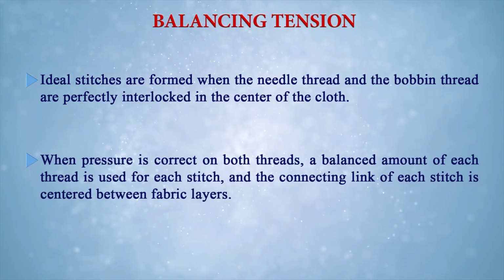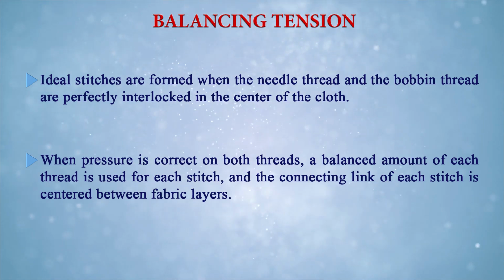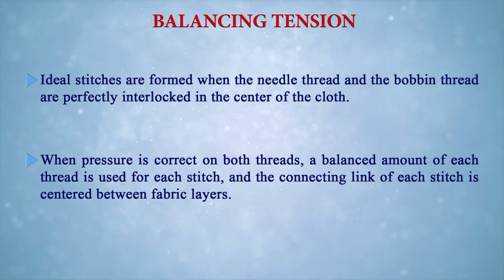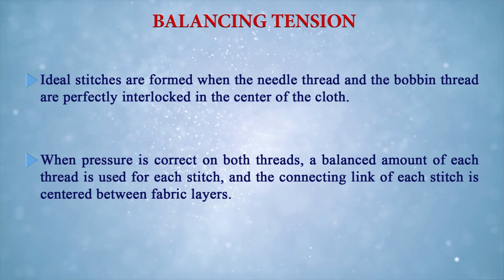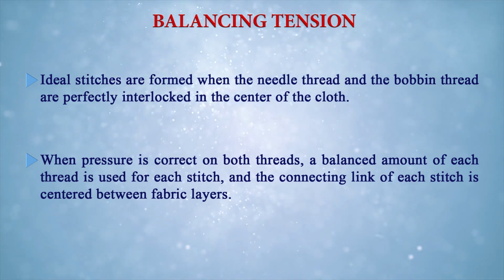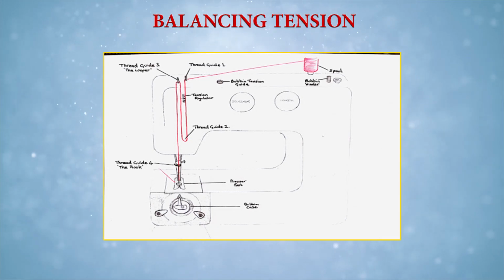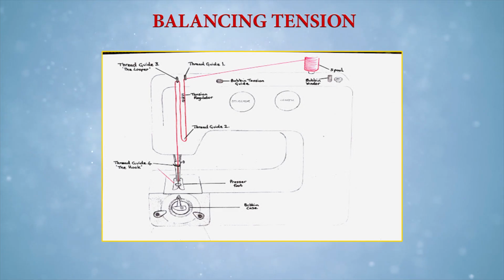When the pressure is correct on both the upper and the lower thread, a balanced amount of each thread is used to stitch each stitch, and the connecting link of each stitch is centered between the fabric layers. Then you can see in the picture how the tension of the upper and lower part of the machine goes.